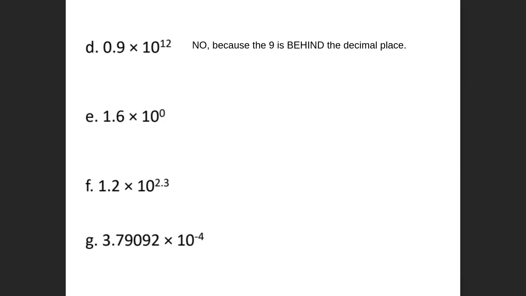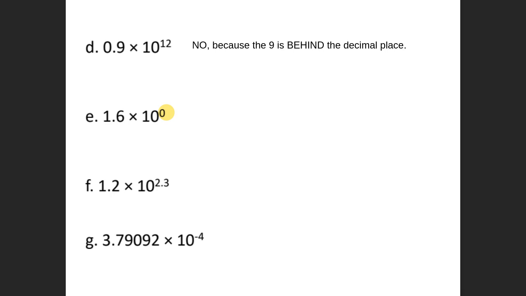Okay. Now, Rocky, what do you think about E? Is this a yes or a no? Well, I believe it's a no. Okay, now let's look. Is there a whole number for a power of 10? No, it's zero. Aha, but 0 is considered a whole number. That's right.